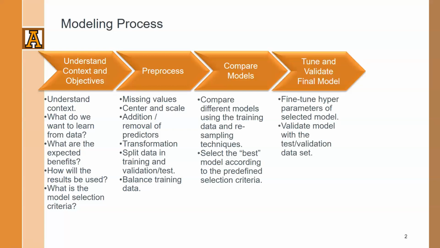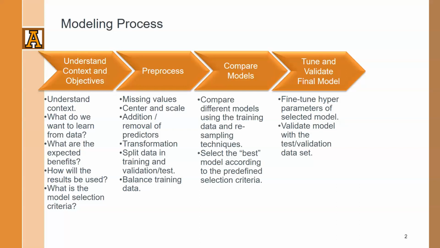Then we tune and validate the final model. We compare several models. For example, in this class, we'll be comparing logistic regression with linear discriminant analysis, with support vector machines, and so on. Once we decide which is the best model for our data, we need to fine tune the model.